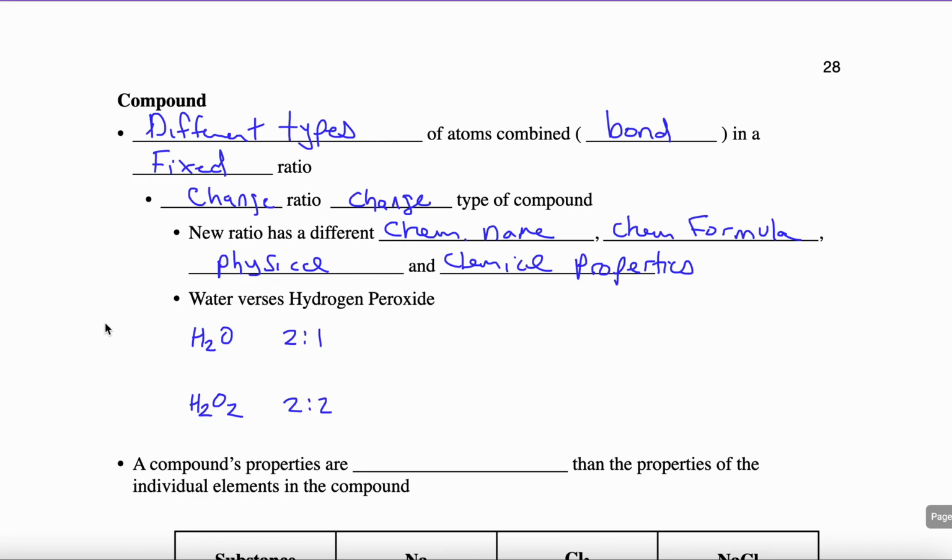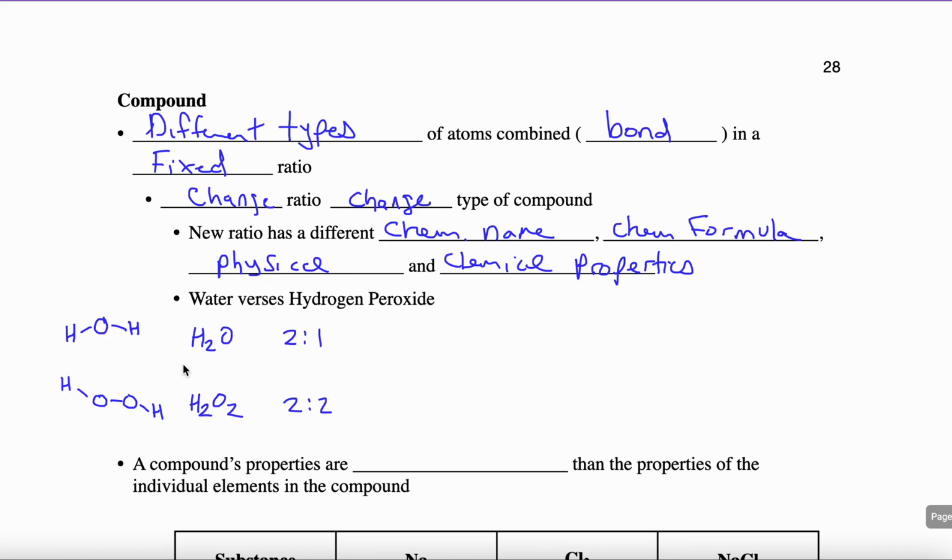So water, the center of it is an oxygen which is bonded to two different hydrogens, and it creates this bent structure. But in hydrogen peroxide, the two oxygens link together, and then each individual oxygen bonds to a hydrogen, and they create a slight bend. So when you take a look at the structures, that one extra oxygen really changes how the molecule looks.